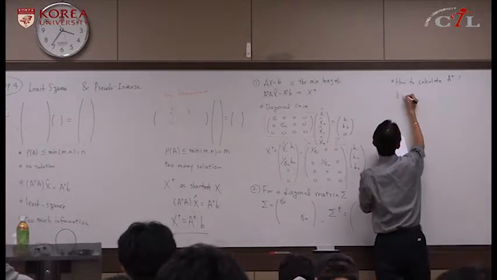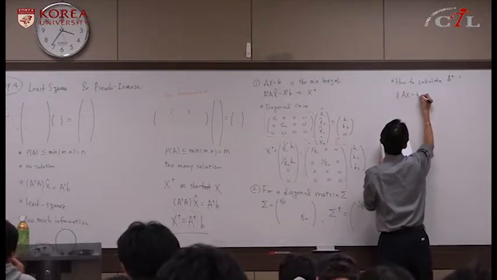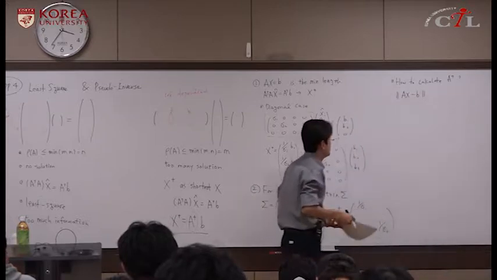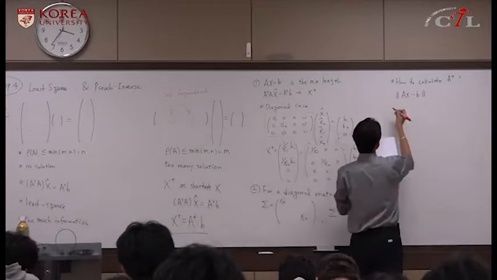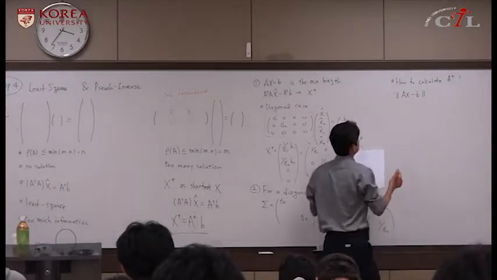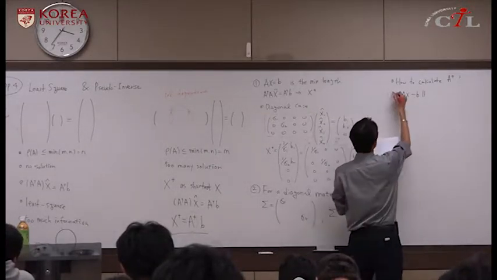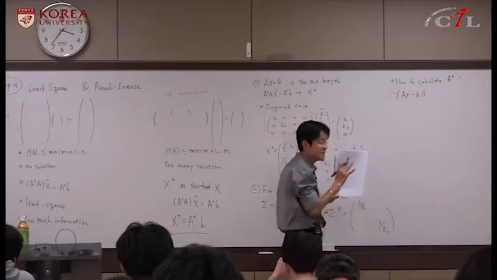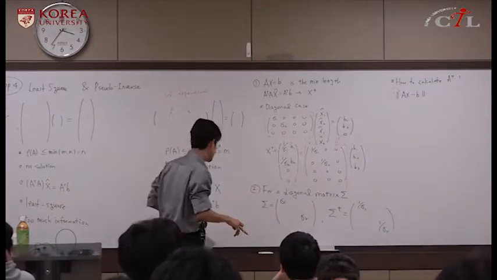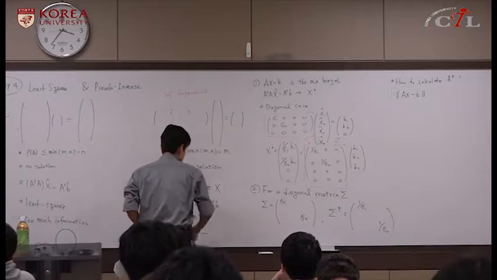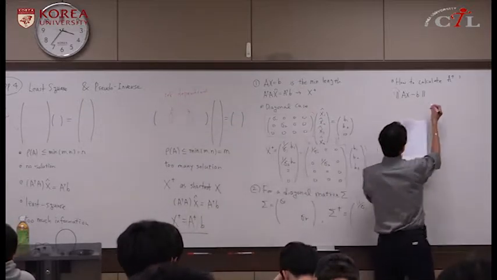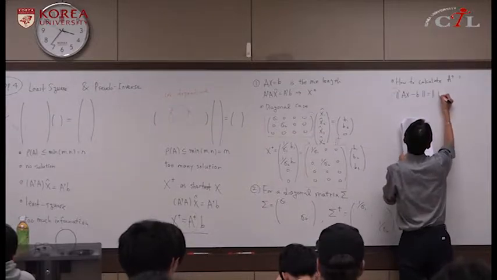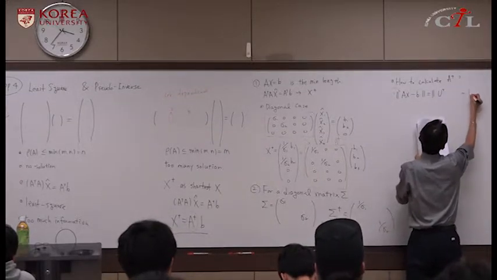Then, let's think about the length of AX minus B. Although we multiply U transpose inside, its length is unchanged because U transpose is a unitary matrix.